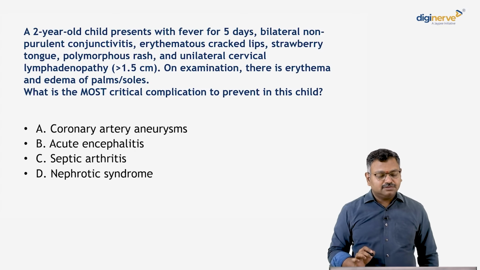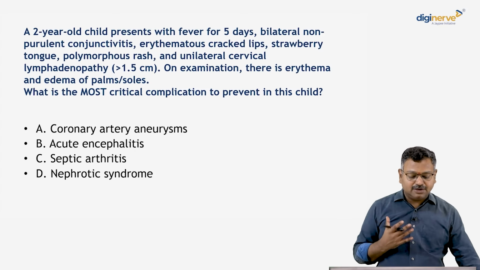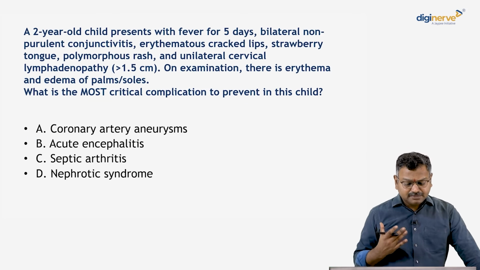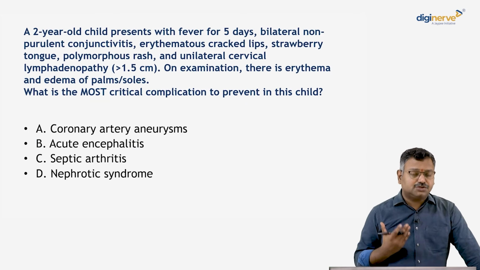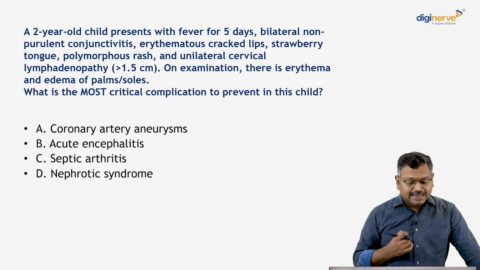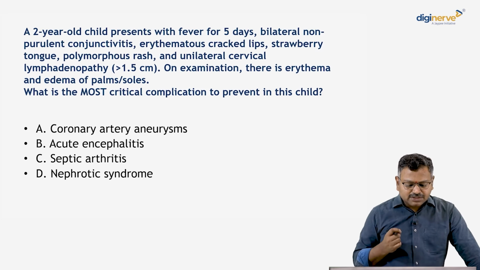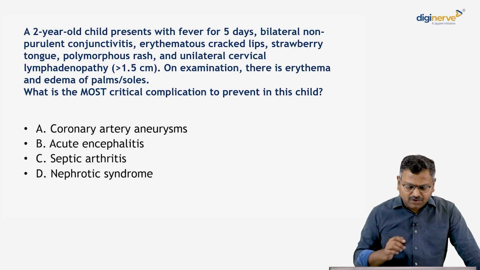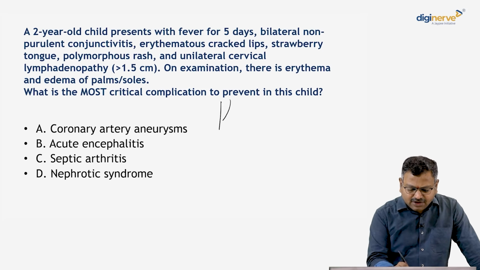A 2-year-old, fever 5 days, bilateral non-purulent conjunctivitis, erythematous cracked lips, strawberry tongue, polymorphic rash, cervical lymphadenopathy, erythema of the hands and soles. What's the most critical complication? Now, all these characteristics are of what we call Kawasaki's disease.